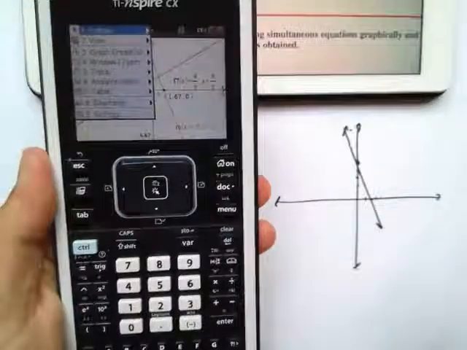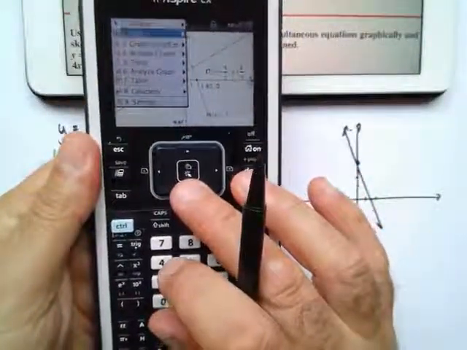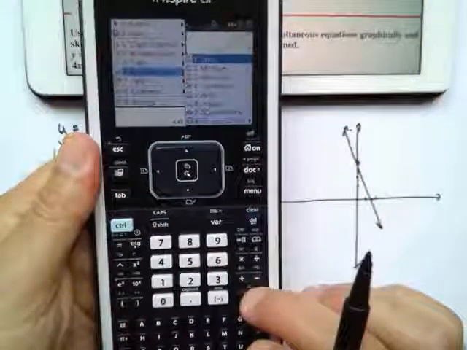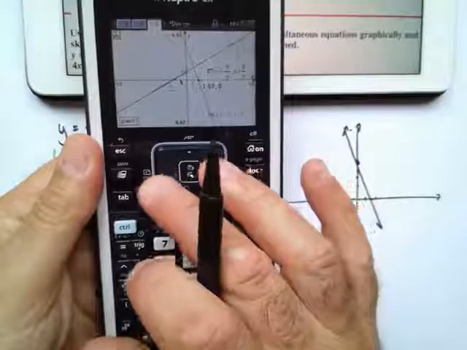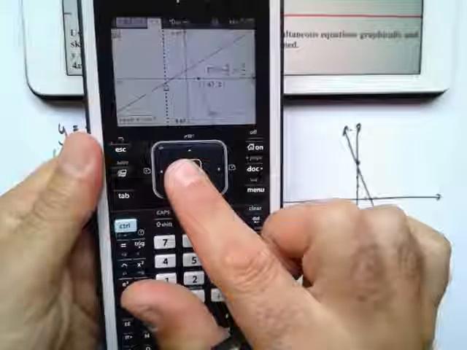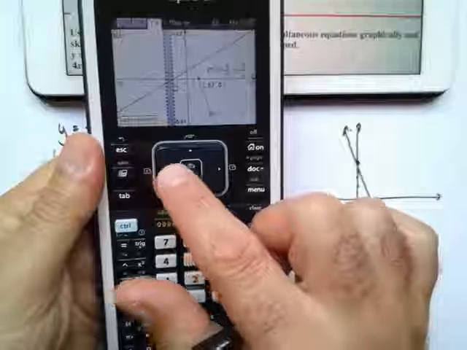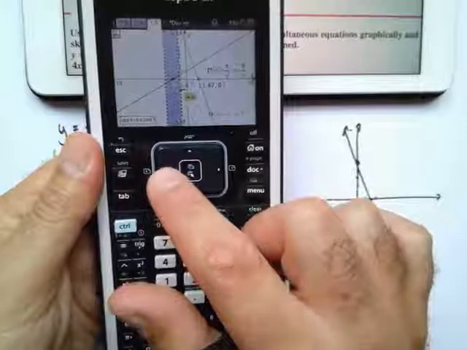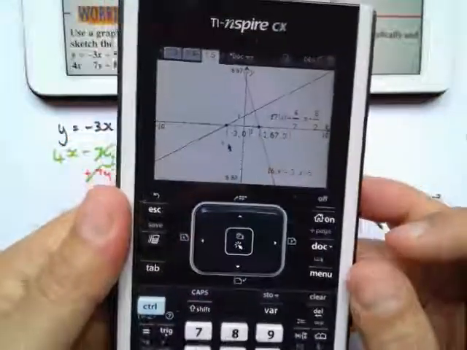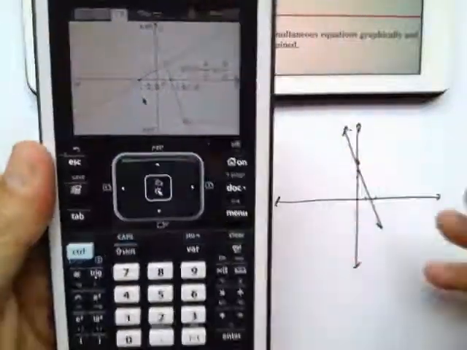You're also going to do the same for the other graph. So I'm going to say menu, 6 analyze graph, zeros. And I'm also going to say for which graph: I want graph 2. Click on the left, which is the lower bound, anywhere on the left of the intercept, then right of the intercept. Again, this gives us a value of -2.